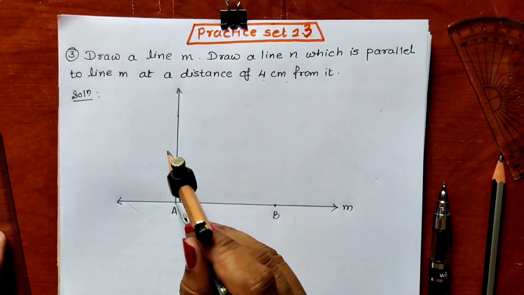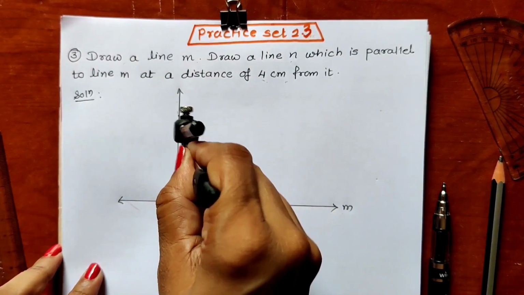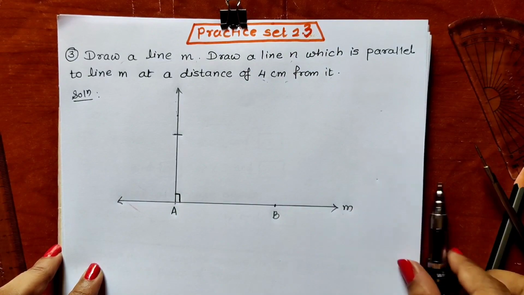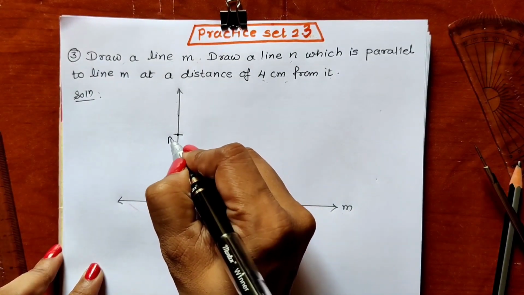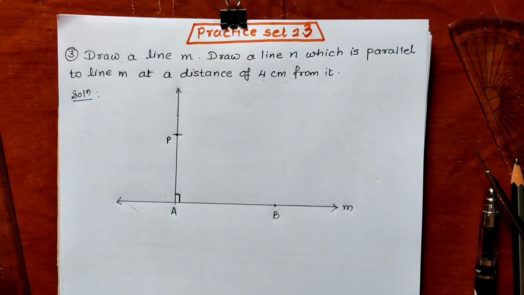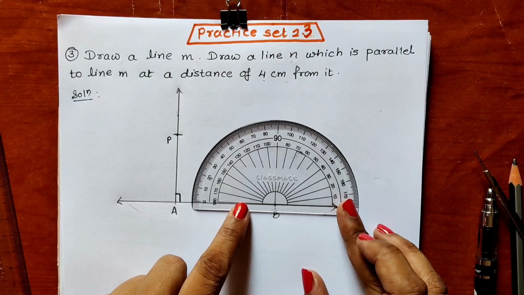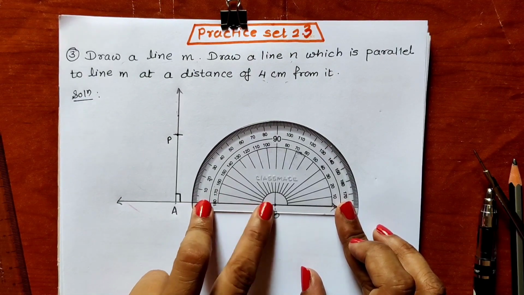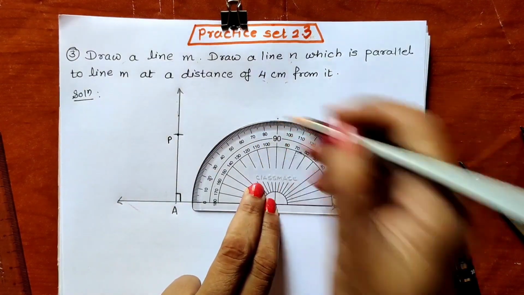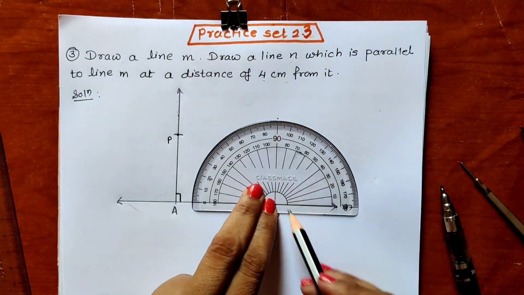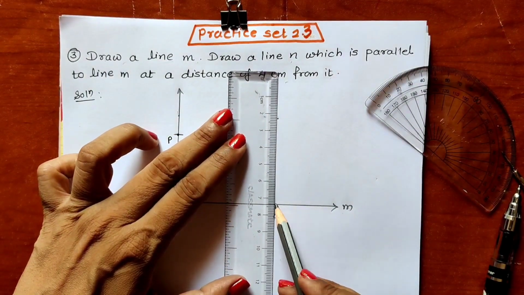Then I will be drawing an arc from this point A, and here I have got a point which is at 4 cm from point A. This may be point P. Now from this point B also I will be drawing a perpendicular to line M. In this way I have to plot a point at a 90 degree angle and then I will be drawing a perpendicular.